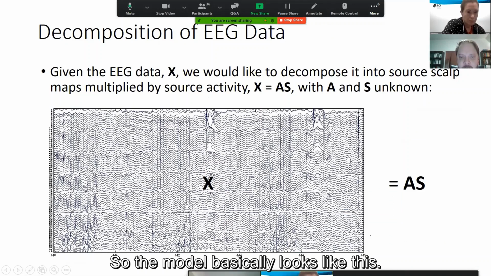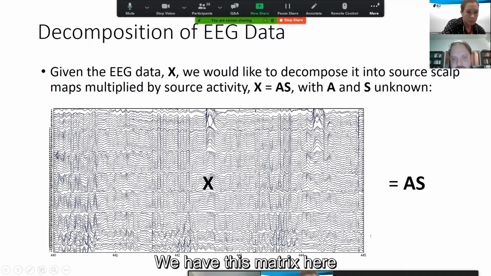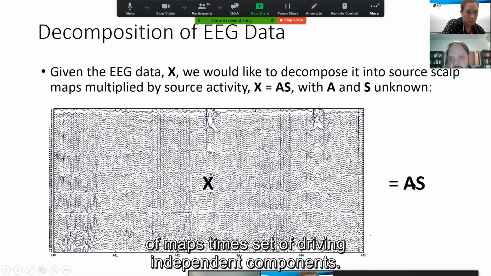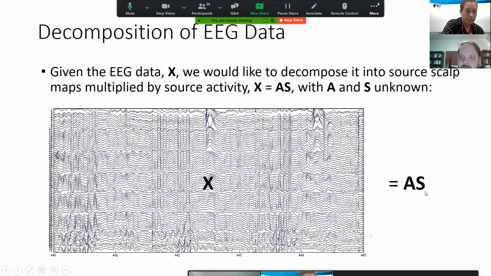So the model basically looks like this. We have this matrix here, which we're going to try to decompose into a square matrix of maps times the set of driving independent components.